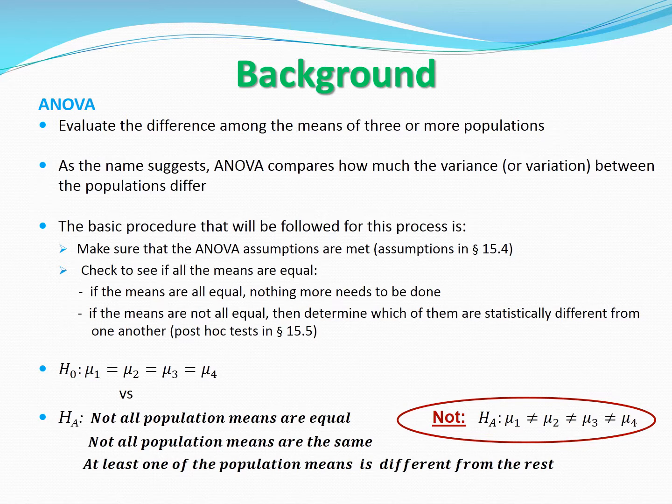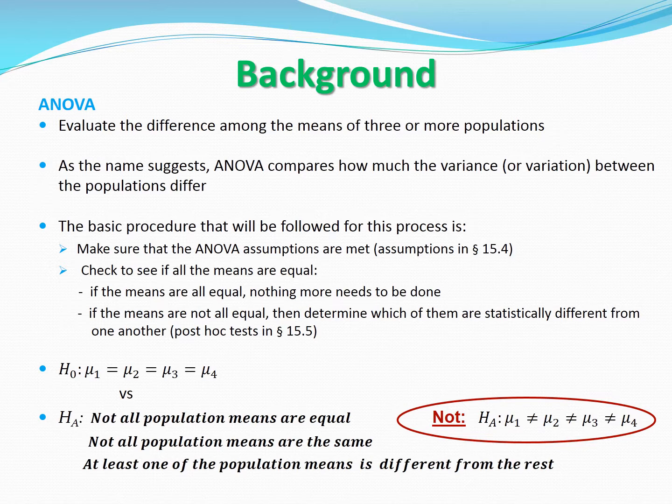However, in the alternative hypothesis, you are not allowed to state that all the population means differ from each other, because some of the population means might be the same and some of the population means might differ. On the next few slides, I try to illustrate that to you graphically.